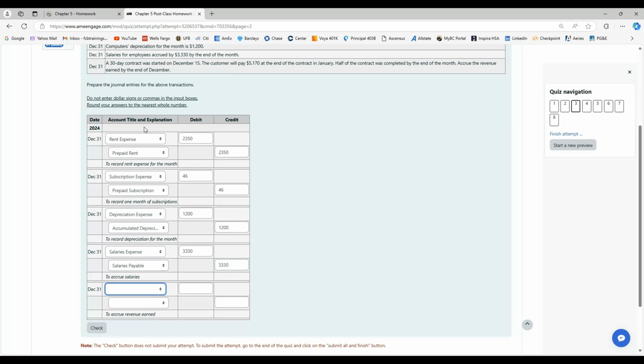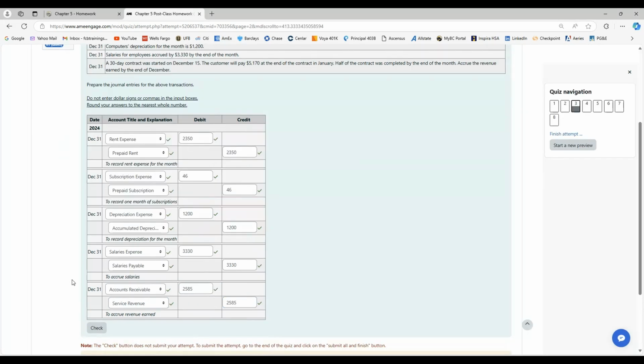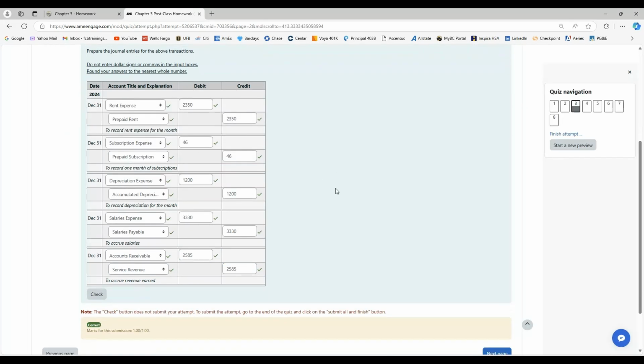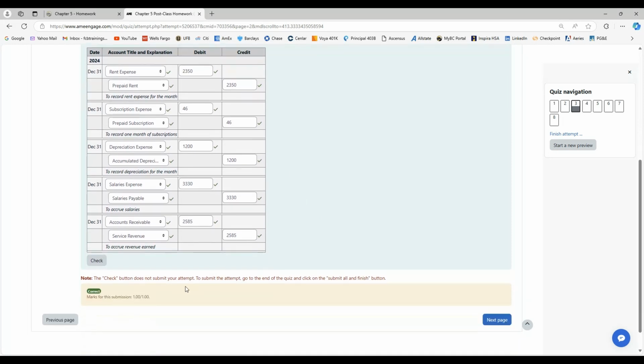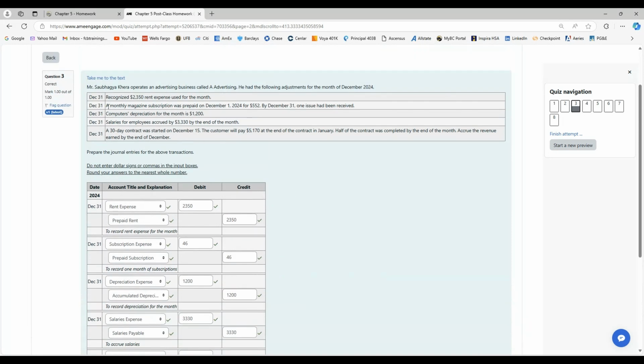And then accounts receivable. And yeah, we just have one revenue account, so service revenue in 2585. Okay, fingers crossed. That's it. $46 to an expensive magazine. So that was it. Again, they didn't tell us. It just said a monthly magazine subscription was prepaid, and we received it.